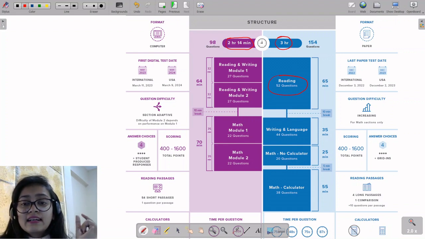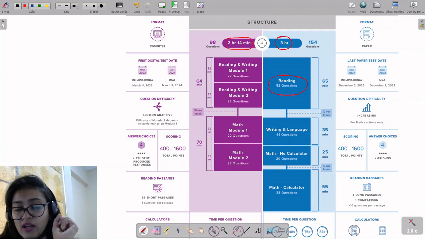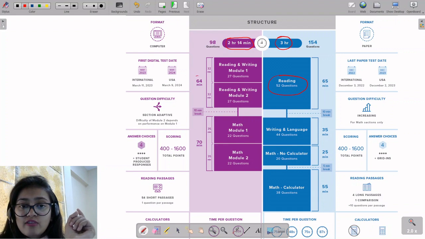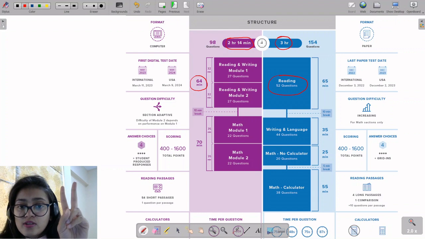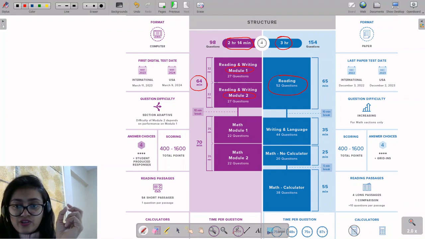And in the digital version, for reading and writing both, we have just one section, and that one section will be of 64 minutes. Within these 64 minutes, you will have to complete your reading and writing subject. Again, that will have 2 modules, Module 1 and Module 2. Both of these modules will have 27 questions each.